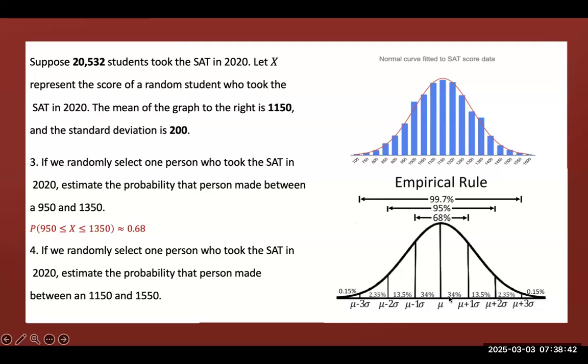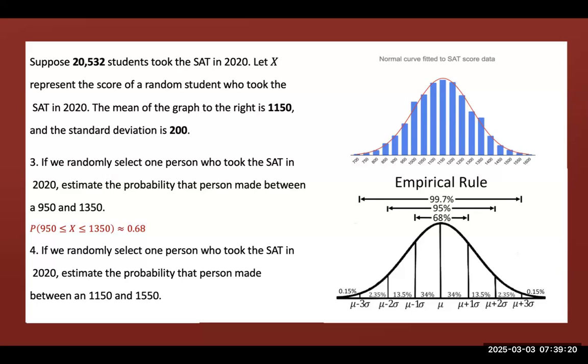If we look at the graph, mu is in the center. Mu is 1150. 1350 is mu plus 1 standard deviation, and 1550 is mu plus 2 standard deviations. So we have mu and mu plus 2 sigma.